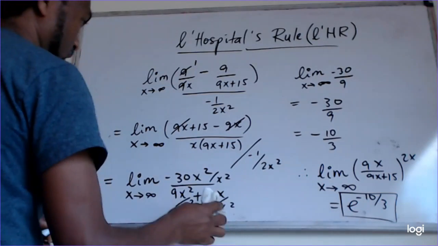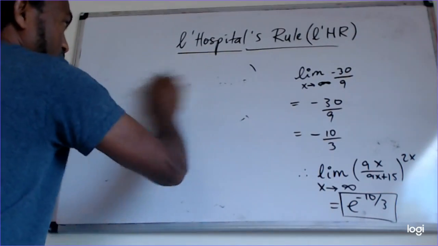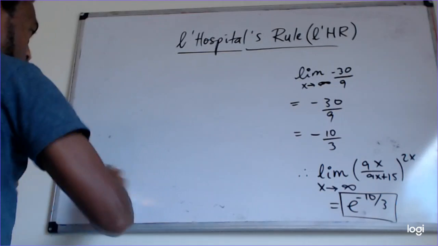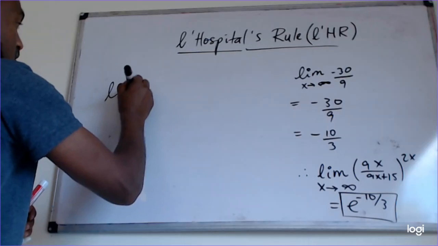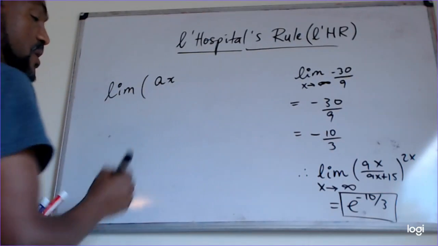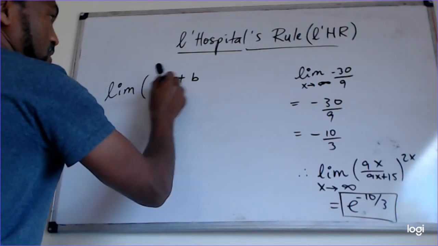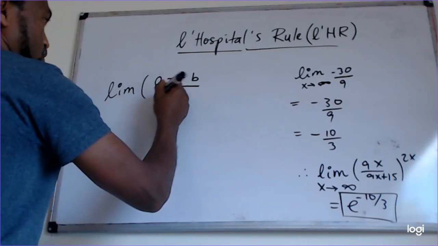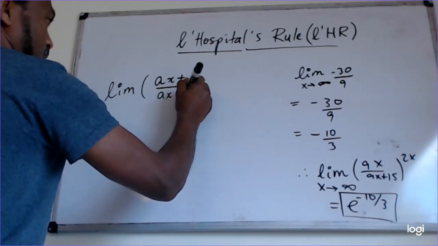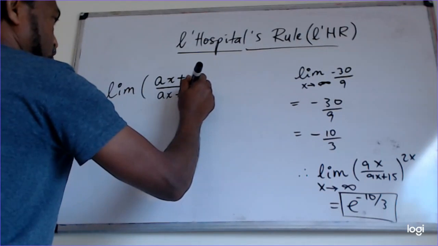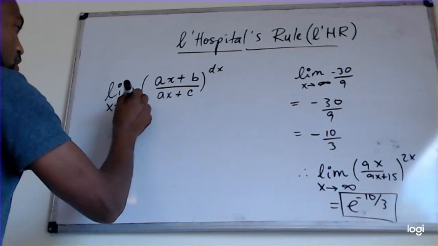So that's the exact value. In fact, a good practice that I would leave for you would be to find out what will be the general case if I have limits of, say, an arbitrary number a times x plus b divided by, you could use the same number, ax plus c to the power of dx as x approaches infinity.